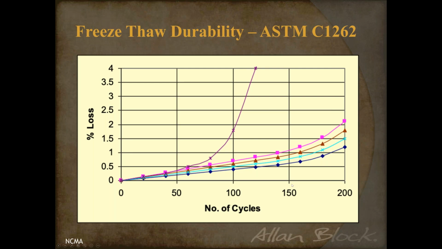But remember, the "or" part of the pass-fail was that 4 of them have to be less than 1.5% after 150 cycles, and obviously these do. So this is a passing test, and this would be very similar to tests going back to any one of my producers that's sending their block in for freeze-thaw durability testing.